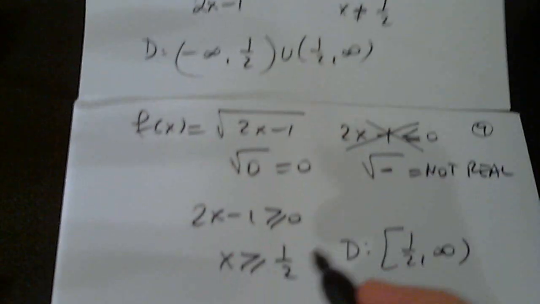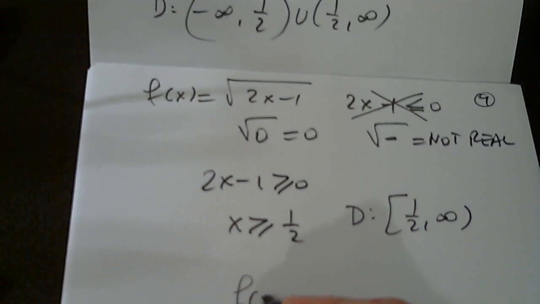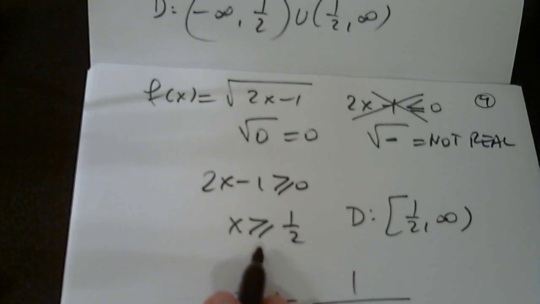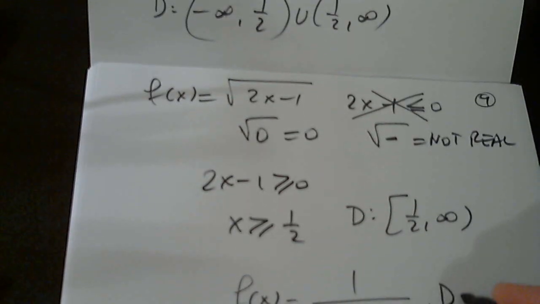Now, if this is in a fraction like this, I cannot include a 0. So the domain of this function is 1/2 to infinity, not including 1/2, because 0 in the denominator is not acceptable.